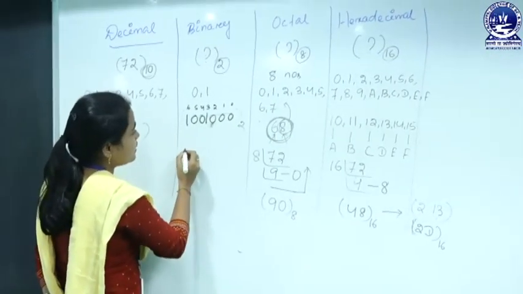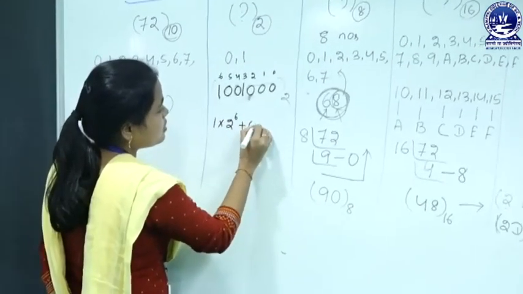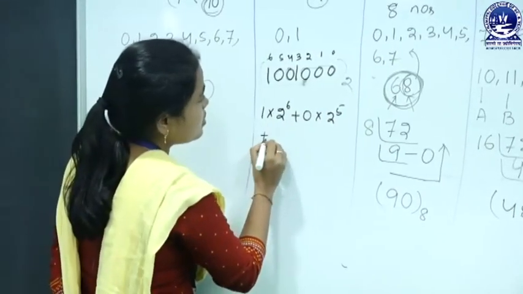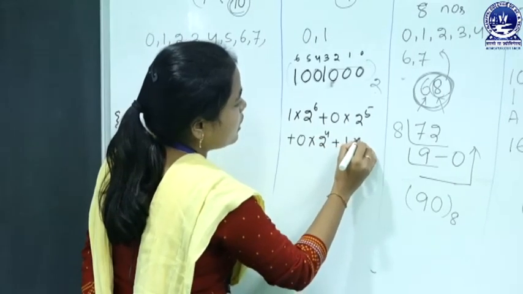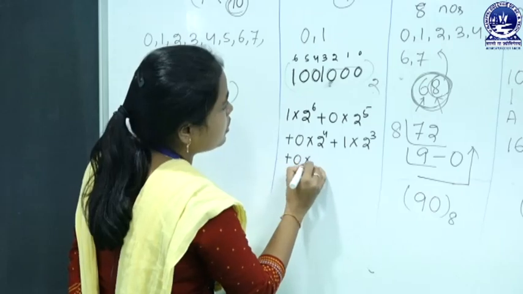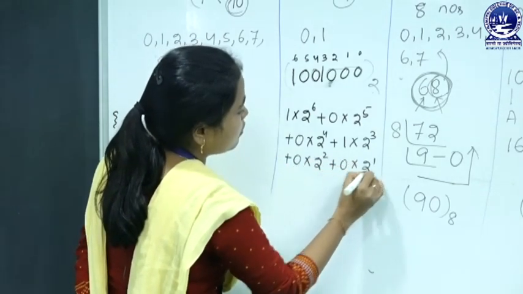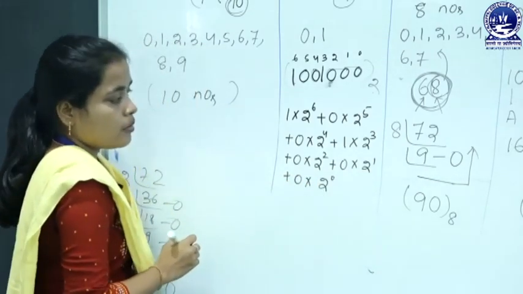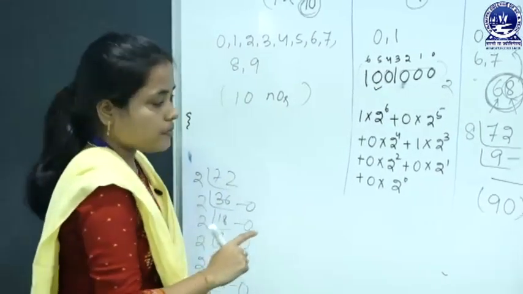So how will we write it? 1 into 2 to the power 6 plus 0 into 2 to the power 5 plus 0 into 2 to the power 4 plus 1 into 2 to the power 3 plus 0 into 2 to the power 2 plus 0 into 2 to the power 1, plus 0 into 2 to the power 0. Okay?